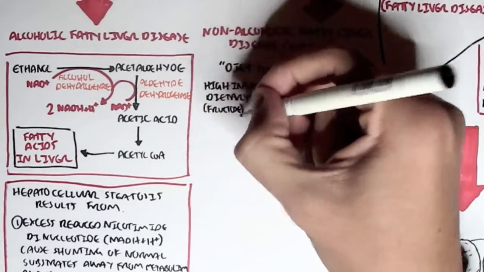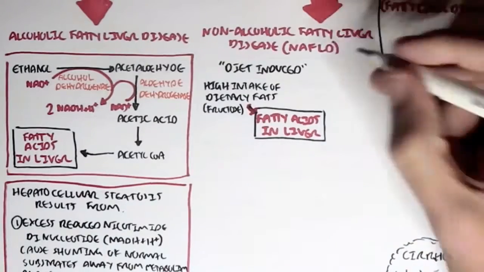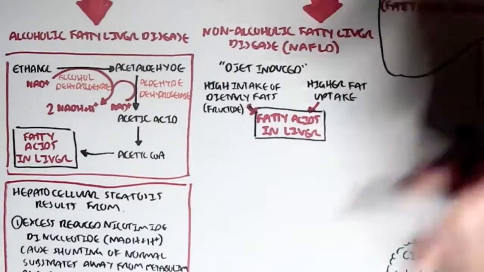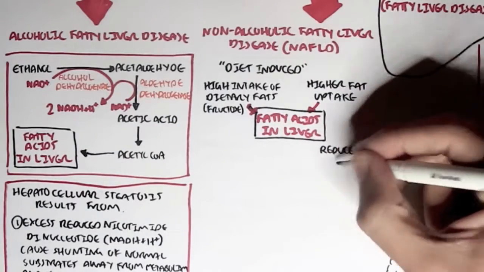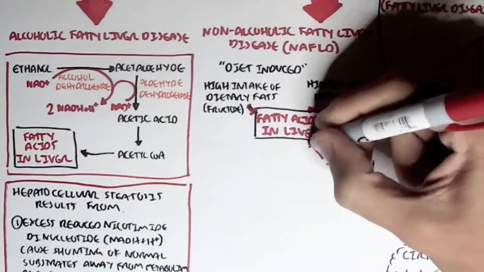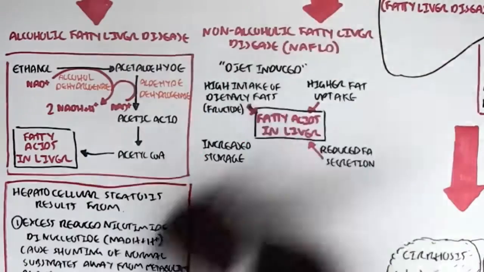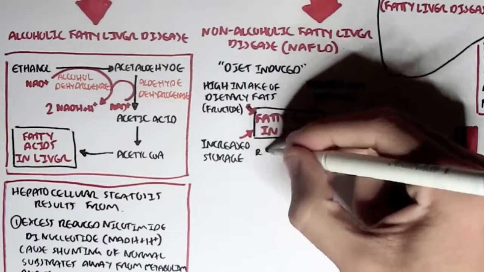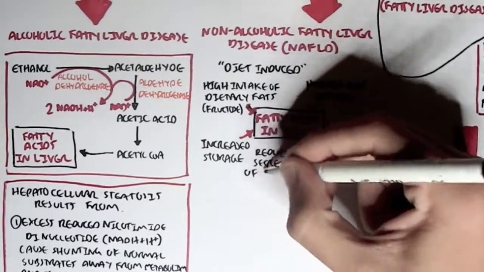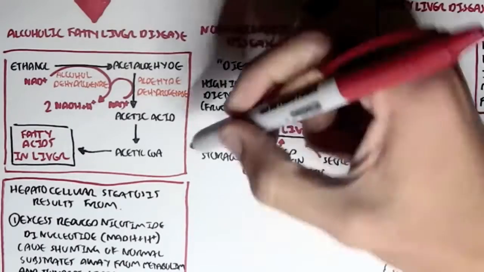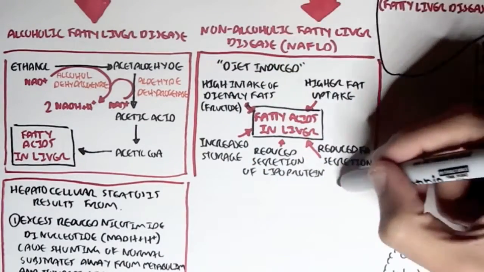Also, fructose, for example, can cause fatty acids in the liver. There is higher fat uptake within the liver. There is reduced fat secretion from the liver, and so there's increased storage of triacylglycerols in the liver. And there's also reduced secretion of lipoproteins, which causes fatty acids in the liver. So as you can see, all of these potential causes are non-alcoholic induced.